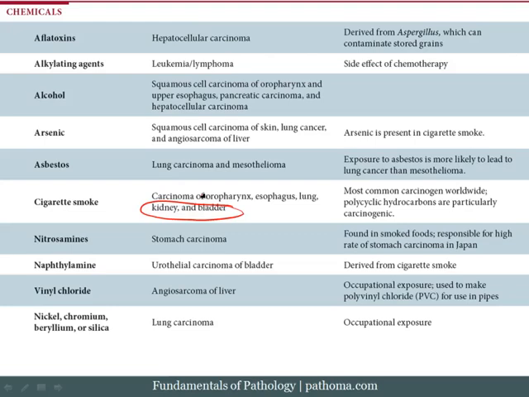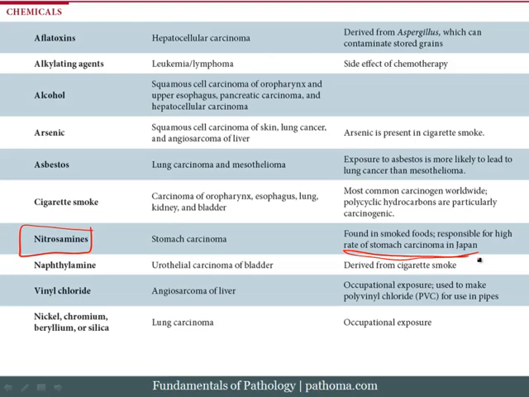All right, so that's the association with cigarette smoke. Now, nitrosamines, the next one on the list, are highly associated with stomach carcinoma, and are found in smoked foods and responsible for the high rate of stomach carcinoma in Japan. Let me just take you back for a second. If you haven't studied stomach yet, you will eventually hear this, but stomach cancer is divided into two types.